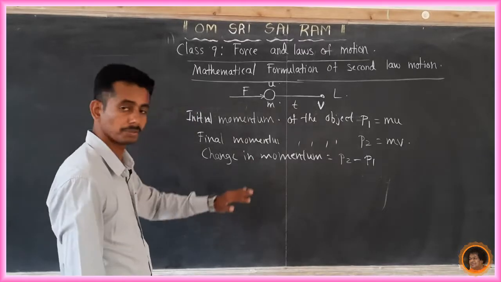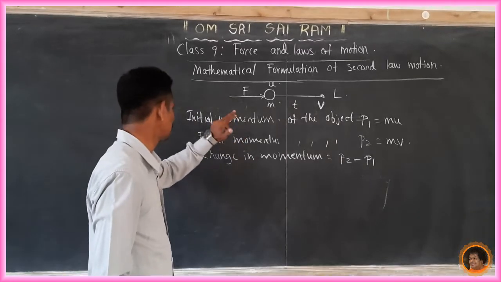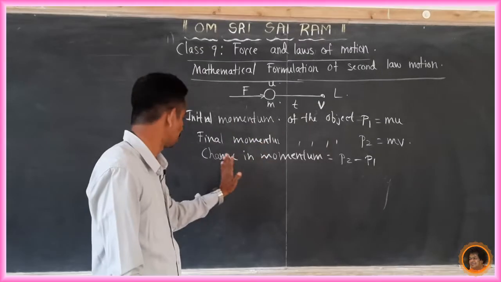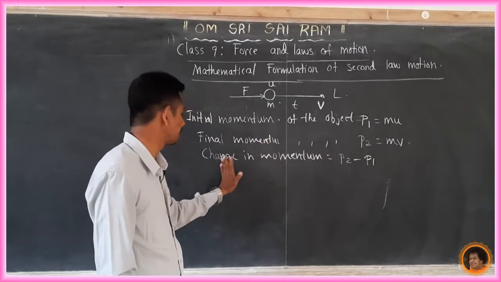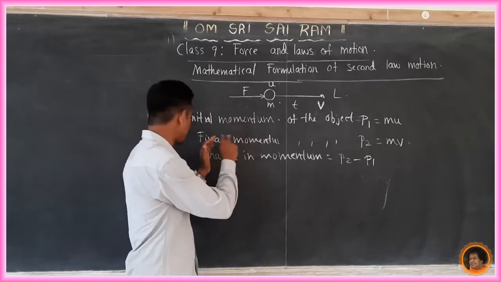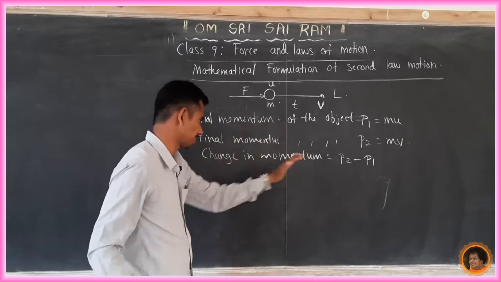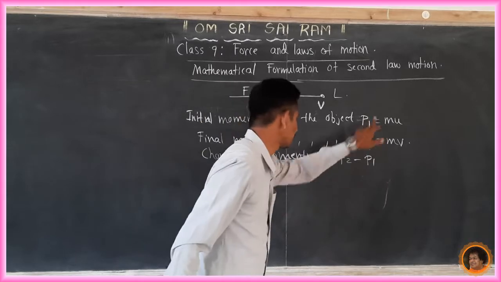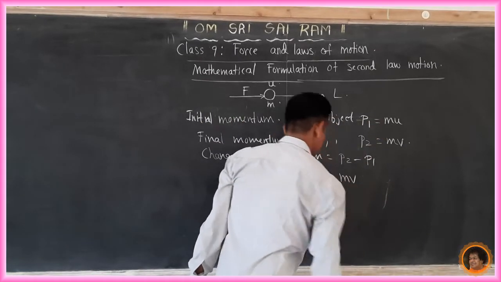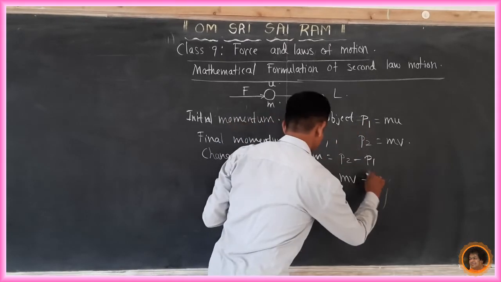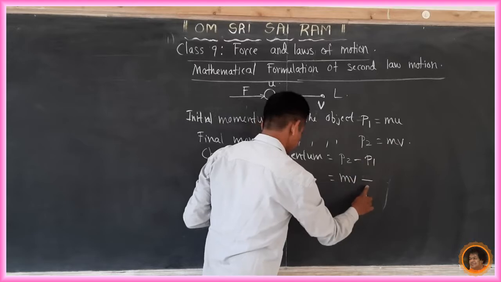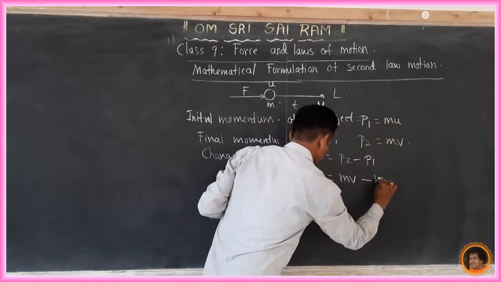What is p2? mv. What is p1? mu. So p2 minus p1 means mv minus mu.